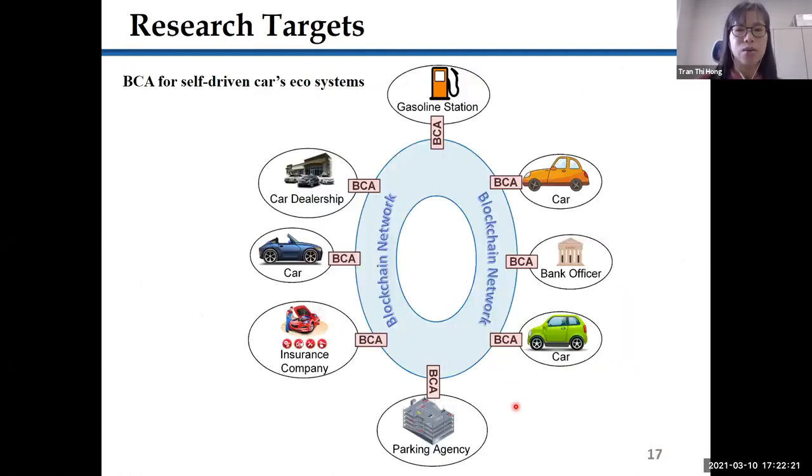Let's see how it can be used. Looking at the self-driving car ecosystem, I think you need an accelerator inside the car to do some processing necessary for the proof of work or blockchain pre-processing. In such a case, you can use our BCA for low power consumption.